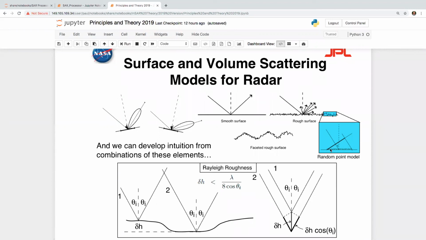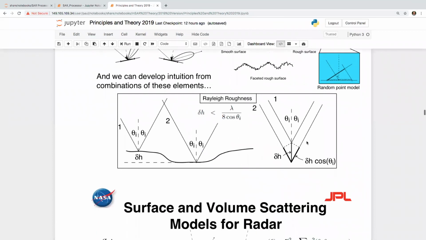And sometimes just thinking of the roughness of the surface in terms of a bunch of random points within a resolution cell, and then summing those up, depending on the size of those, you can use the concept on the previous page to calculate the cross-section. And the amount of energy you're going to get back is going to be related to the projection of that cell in the direction. So again, the tilt factor will impact how much energy you get back.